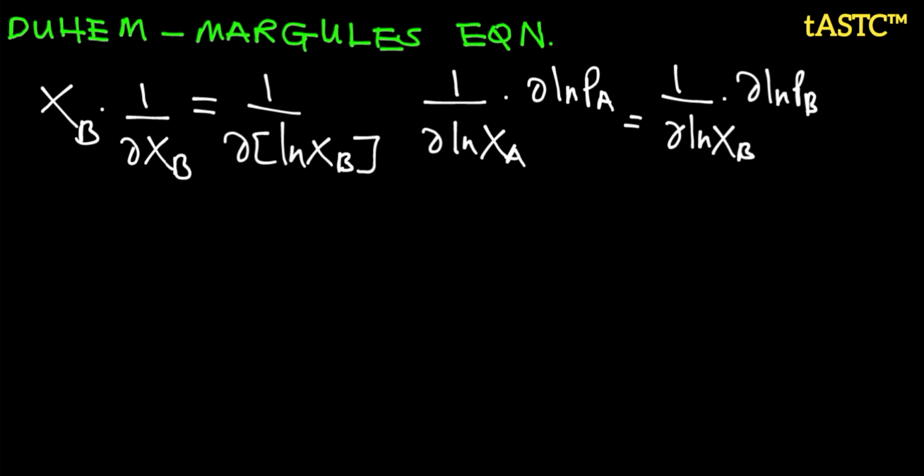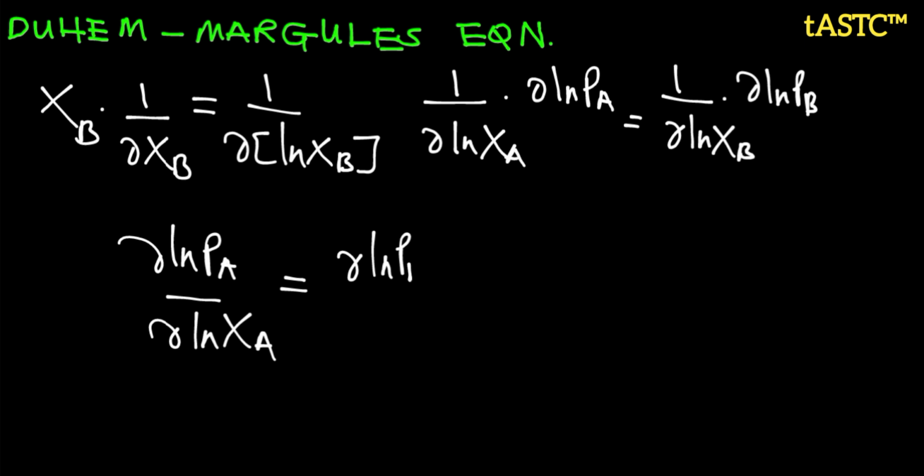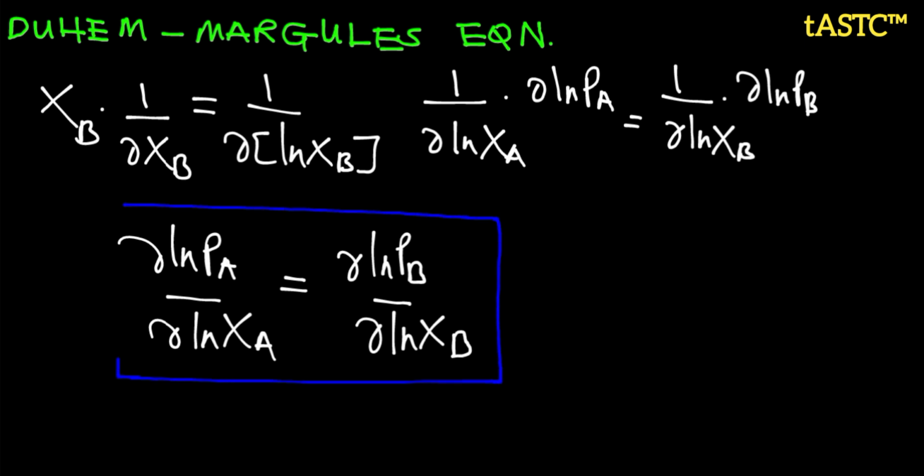So bringing it back together, this should give us d ln p sub a divided by d ln x sub a, and this will be equal to d ln p sub b divided by d ln x sub b. This form is actually the Duhem-Margules equation. This is what we were looking for.